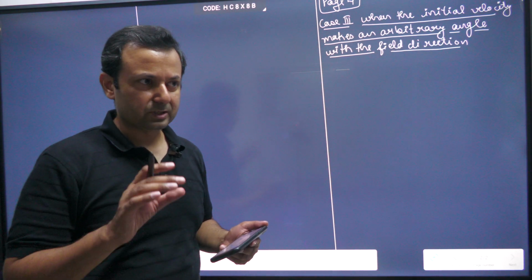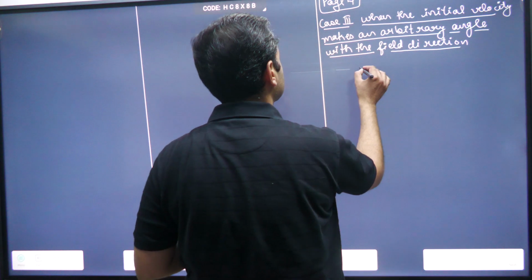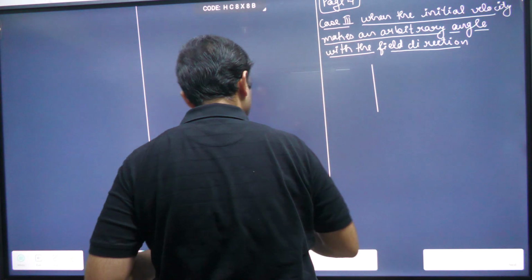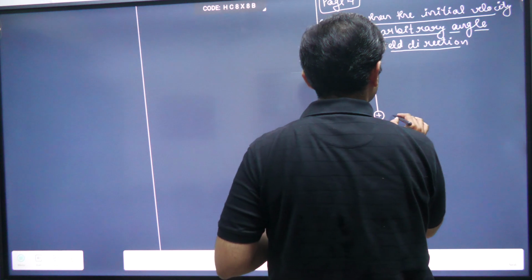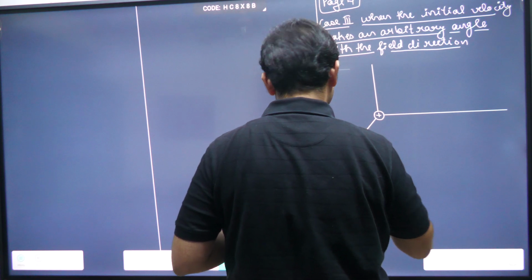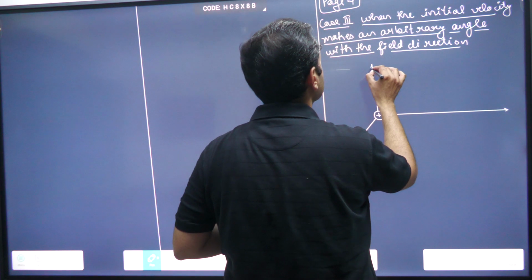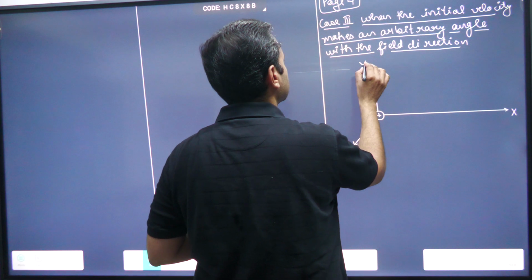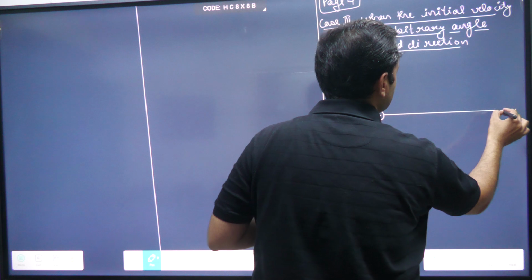So let's draw three axes: x-axis, y-axis, and z-axis. Now, the direction of magnetic field.